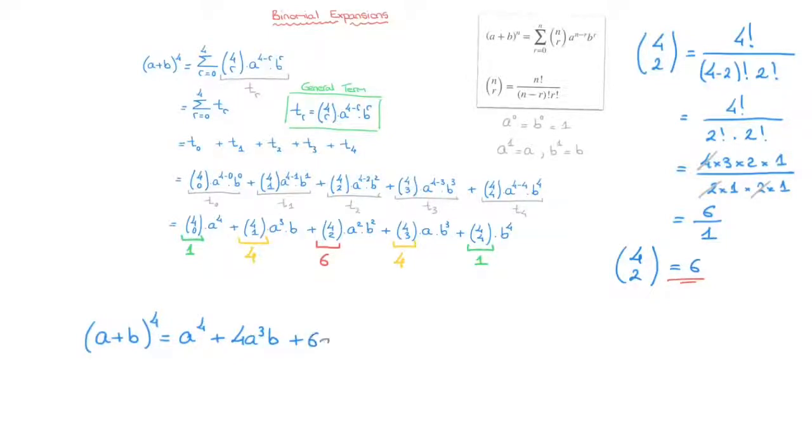So that's 6a squared b squared, plus 4 times a times b cubed, so that's 4ab cubed, plus 1 times b to the power of 4, which we just write as b raised to the power of 4. And that's our final answer.